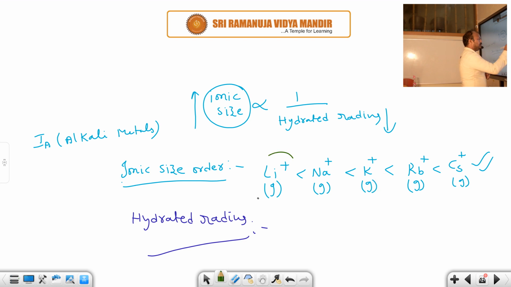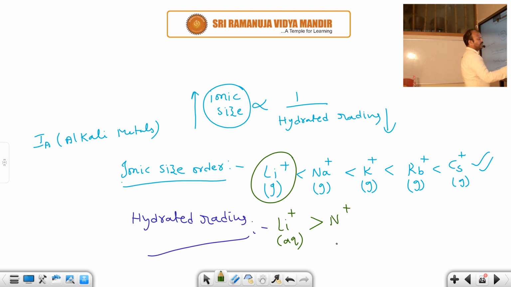So due to this small size, when it is surrounded by water molecules, aqueous or hydrated, it has a high hydrated radius. That means the ion is surrounded by more water molecules.